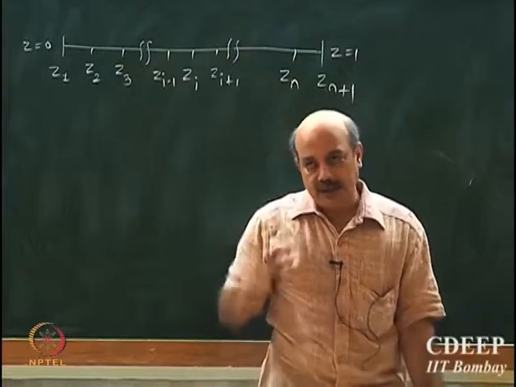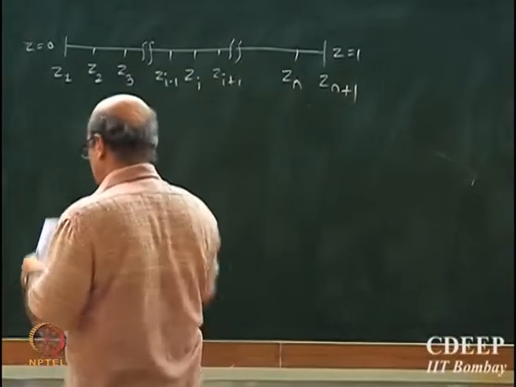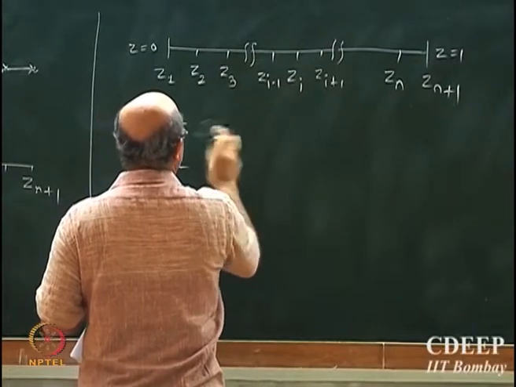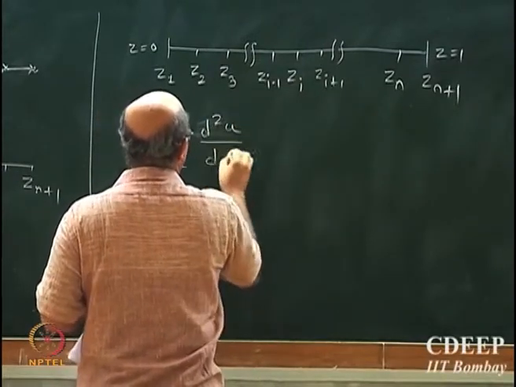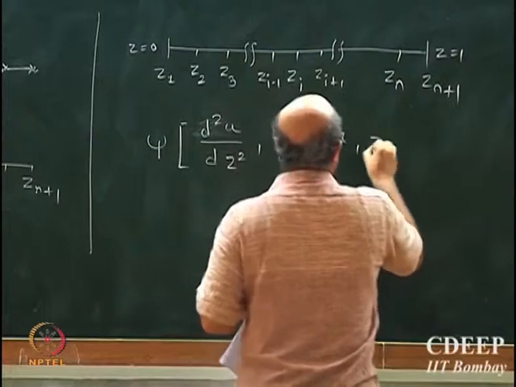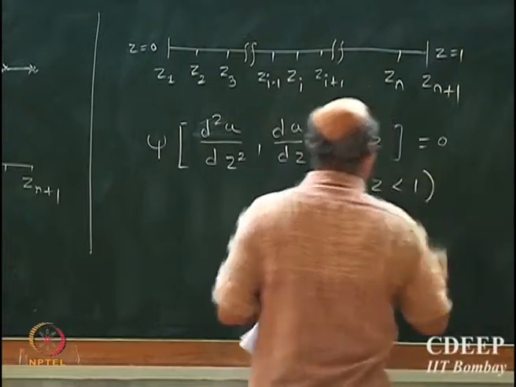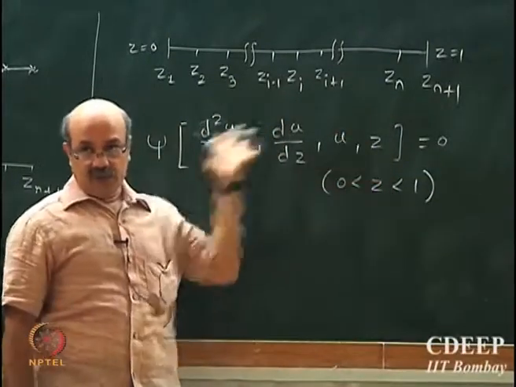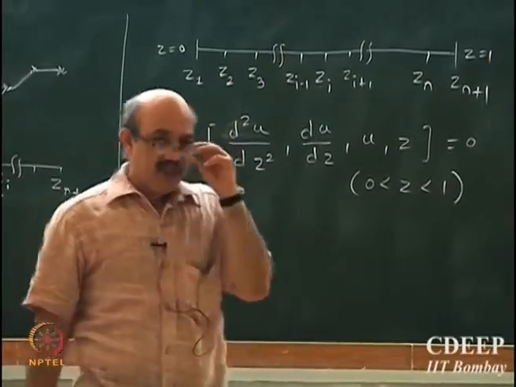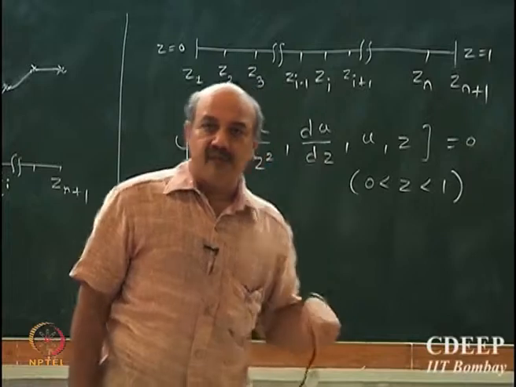Well, this domain appears in the context of, let's say, a boundary value problem. So let's rewrite our boundary value problem again. So the general boundary value problem is this. In the domain 0 to 1, I want this differential equation to hold at every point, but when we do discretization, we'll end up forcing this equation only at certain grid points, the same way that we have done for finite difference.